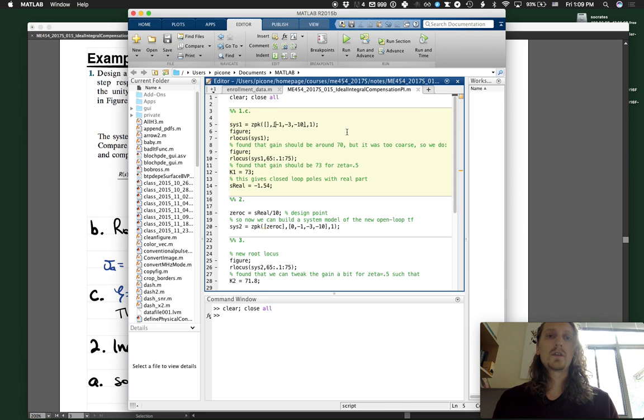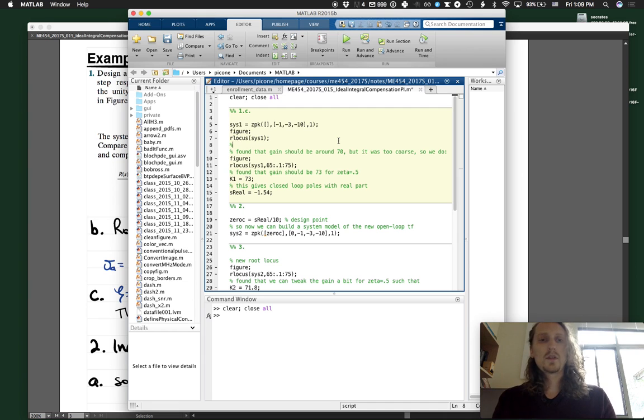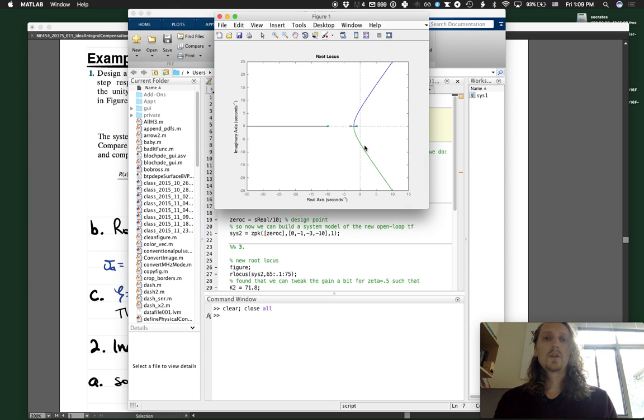It has no zeros, has 3 poles, there they are, and it has a gain of 1. We just give it a gain of 1. We opened a figure and we placed in a root locus response. So I'm actually going to make this its own cell for now. And lo and behold, we have done well.